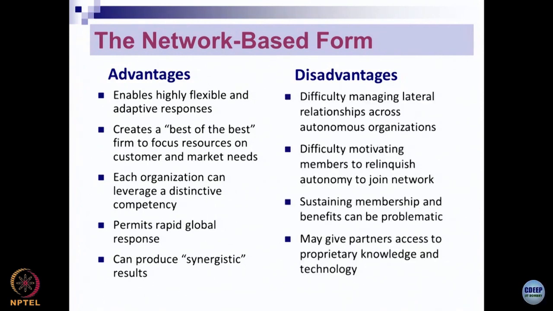There are some disadvantages as well of the network based organization. First is that there is a difficulty in the network organization for managing lateral relationship across the autonomous organization. Basically, the network partners are of a similar level of relationship. So the lateral relationship has to be developed.